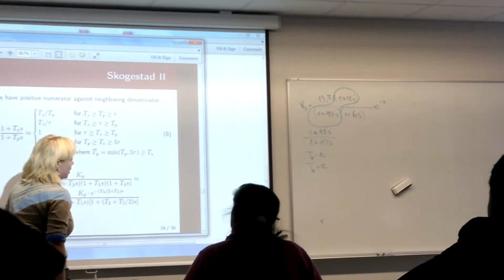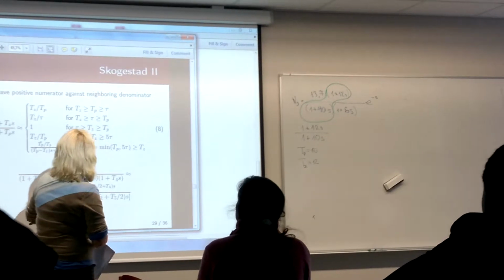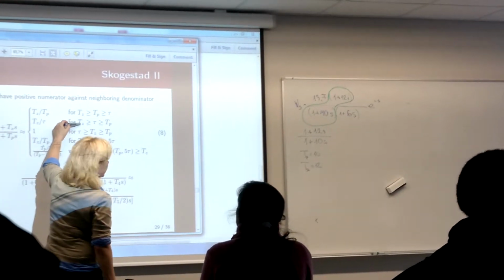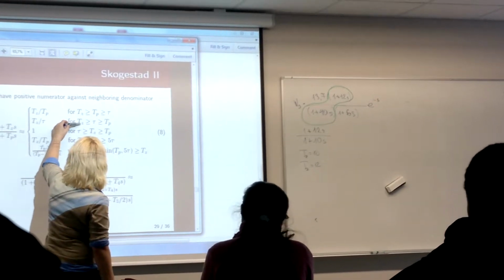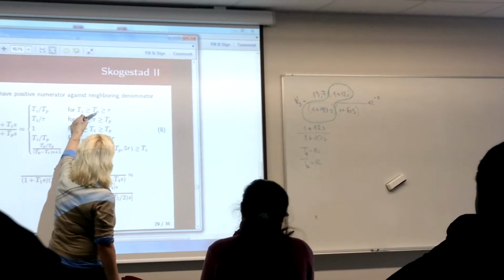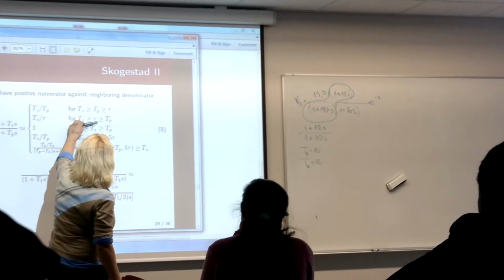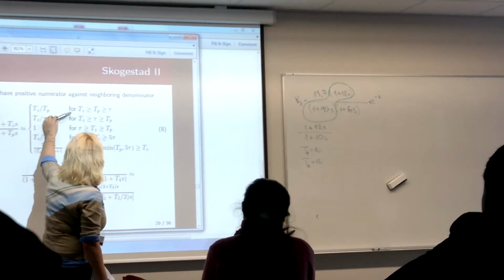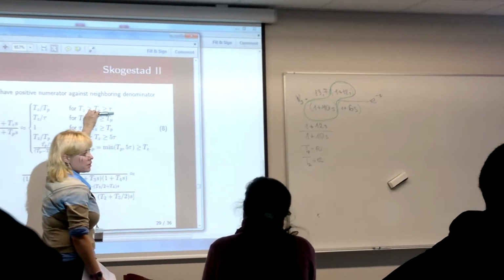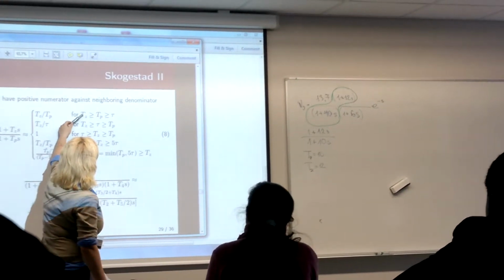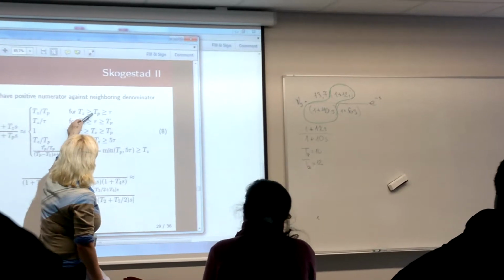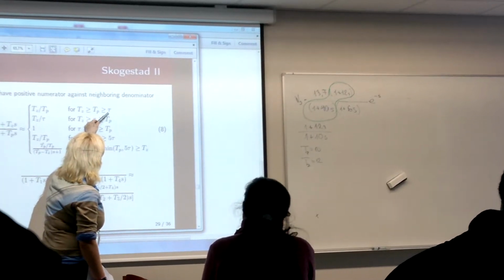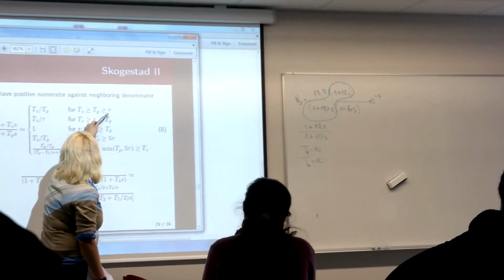Let's see. Our T_Z is much more than T_P. So in that case, we should consider our delay. Because our delay equals 1, that means that we are dealing with this case. Yes? Because our zero is greater than our pole, and it's greater than our delay.